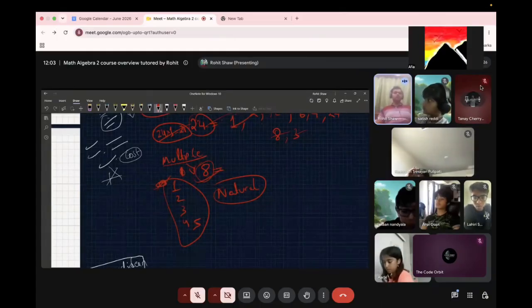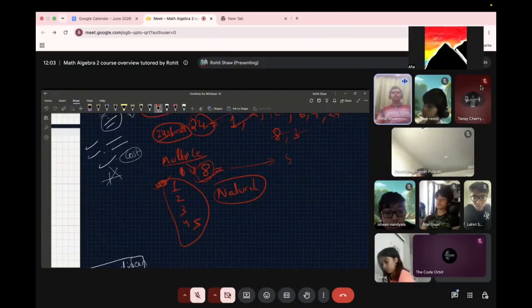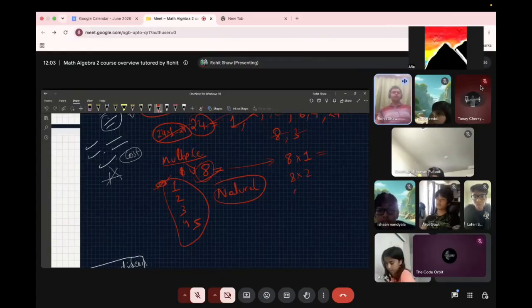Okay. So, if I say the multiples of 8, then what could they be? They are formed by multiplying the number. So, 8 into 1 I can write. 8 into 2 I can write. Remember to take only natural numbers. 8 into 3 I can write. 8 ones are 8, 8 twos are 16, 8 threes are 24.